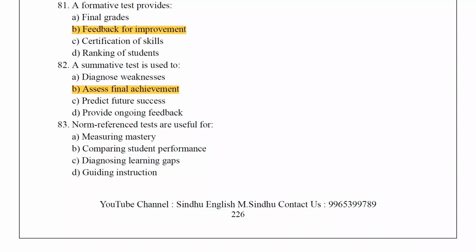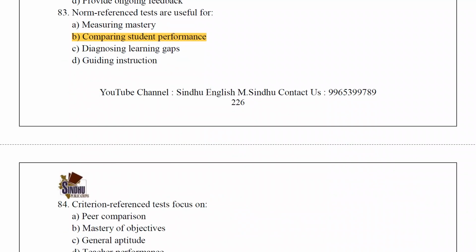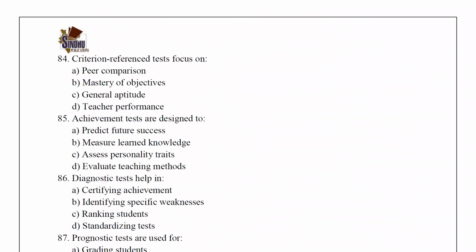Norm referenced tests are useful for comparing students' performance. Criterion referenced test focuses on mastery of objectives. Achievement tests are designed to measure the learned knowledge.